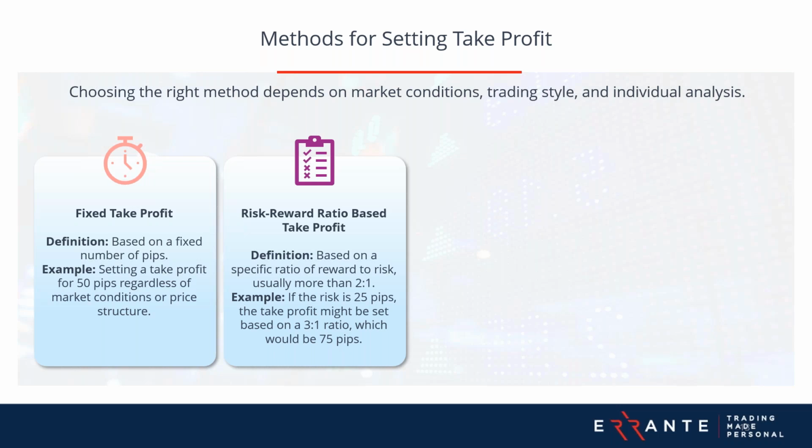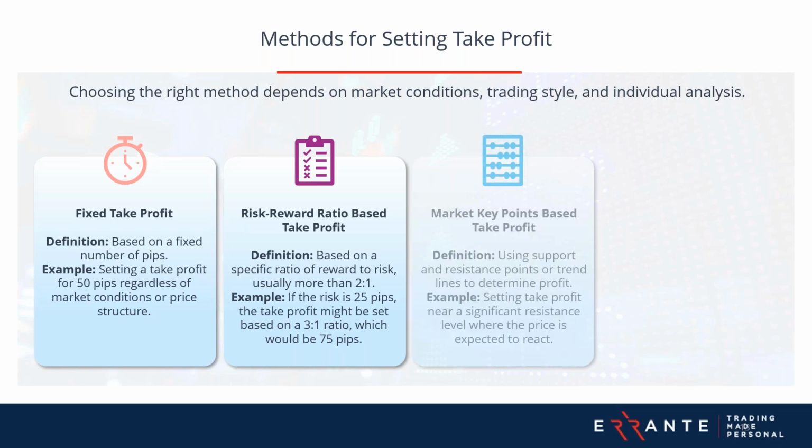For example, when you see a considerable amount of momentum in the market in your favorable direction, that's a good way to set the risk reward ratio based take profit. However, it's not just covered. So we need to go through the other methods, which is the market key points based take profit.